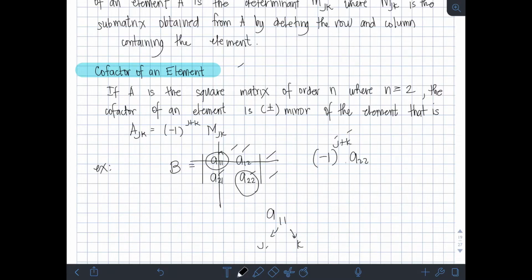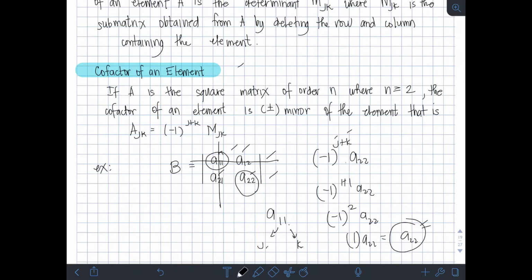So, therefore, j is 1 and k is 1. So, therefore, we have negative 1 raised to 1 plus 1 times a22, or negative 1 raised to 2, a sub 2,2. Negative 1 raised to 2 is simply positive 1 times a22 or simply a22. So, yung cofactor ng element a11 is a22.